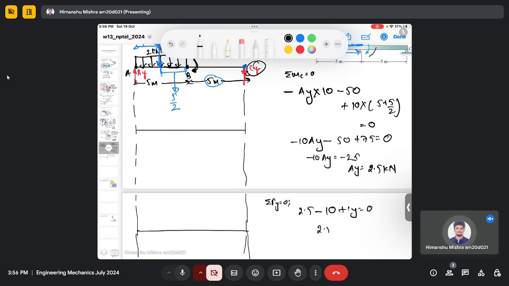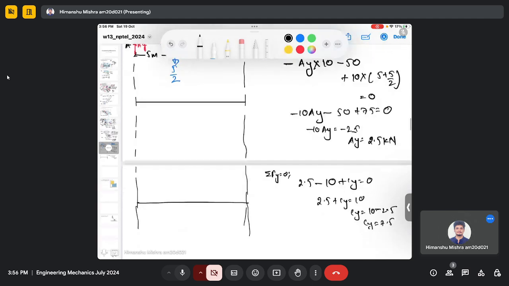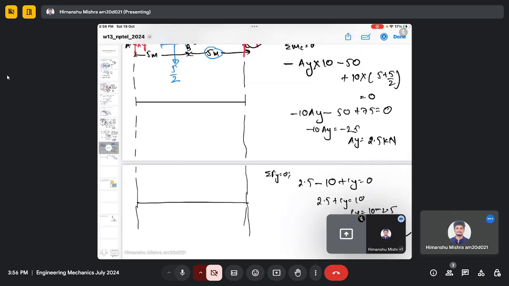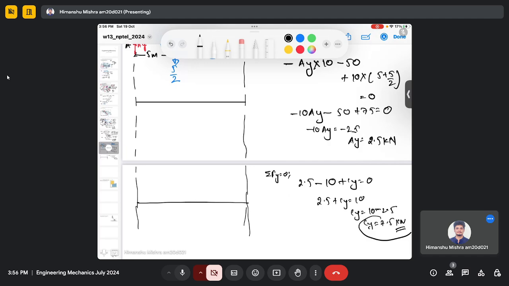So it's 2.5 plus Cy equals 10. So Cy equals 10 minus 2.5. So Cy is 7.5 kilonewton. So these are my reaction forces.